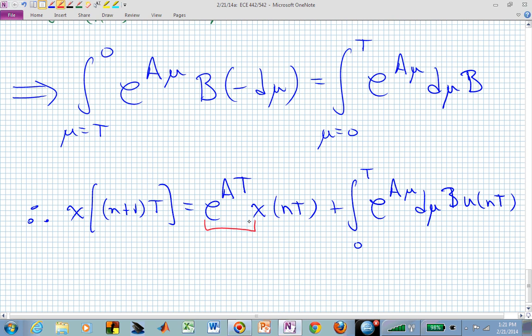And we can actually simplify this if we want to. We can now call that a matrix. We can say that's just a matrix phi, and we can call this another matrix.